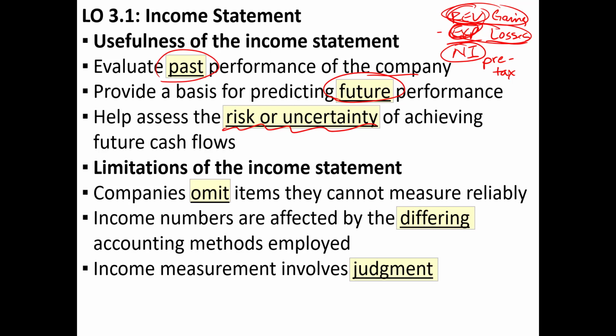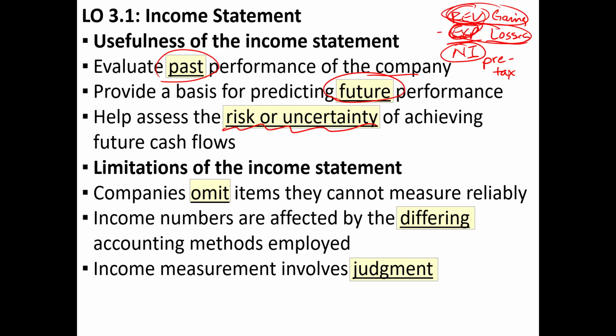Yes, we do provide some indication of the uncertainty of future cash flows, but primarily we're giving information about what revenues were earned regardless of whether we got the cash, and also what the expenses were regardless of whether we paid those expenses in cash.